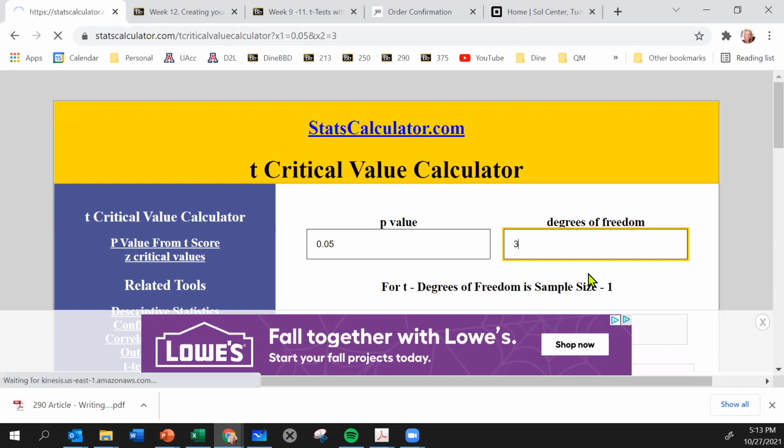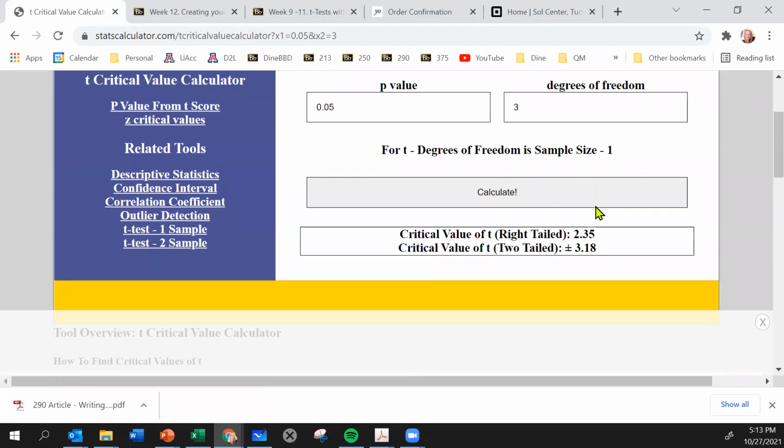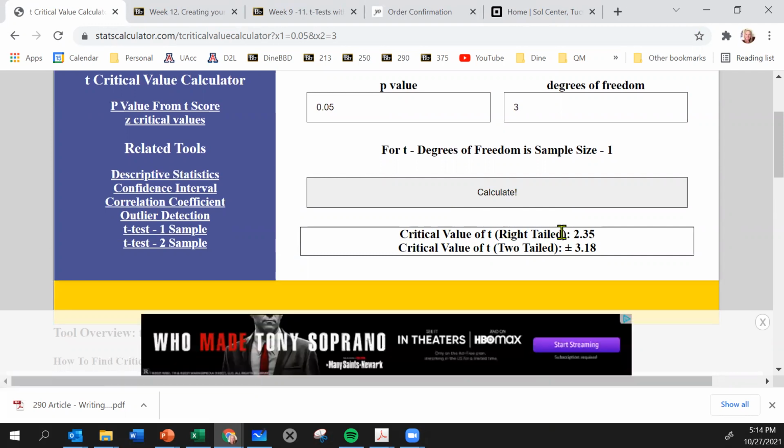We can now just hit enter or calculate, and we can see that the critical value of t in a right-tailed test, and that just means a one-tailed test looking for values on the high end, is 2.35. And the critical value of t in a two-tailed test, in either tail of the distribution, is 3.18.